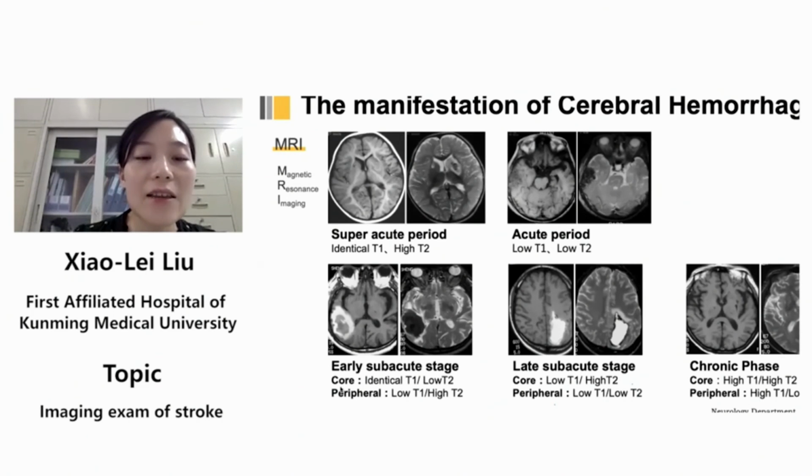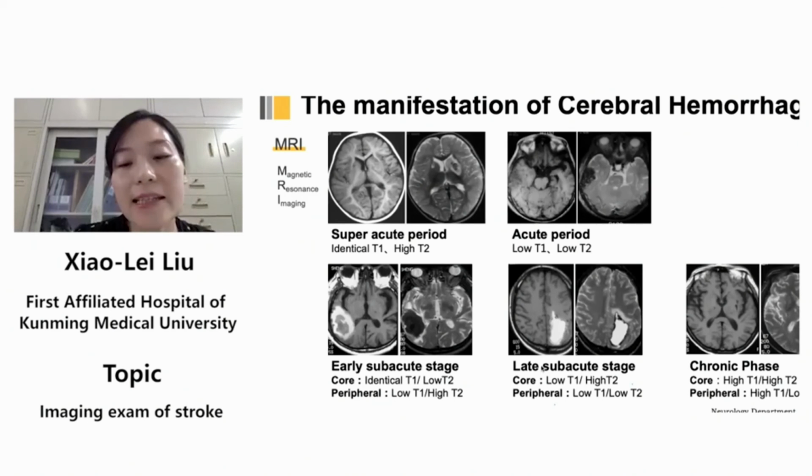And in the early subacute stage, we can see the core has isointense T1 weighted and low signal in T2 weighted. But in the peripheral areas, we can see low T1 weighted, but high T2 signals.